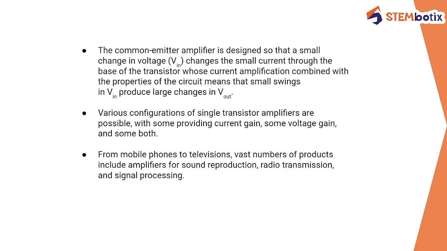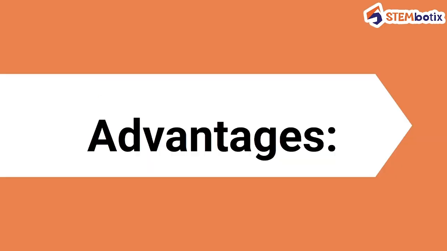Their application areas range from mobile phones to televisions. A vast number of products include amplifiers for sound reproduction, radio transmission, and signal processing. So these are the applications of a transistor as an amplifier.